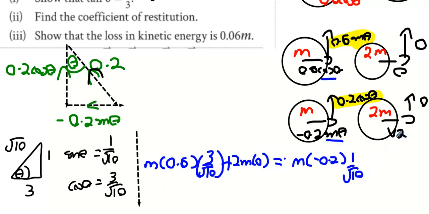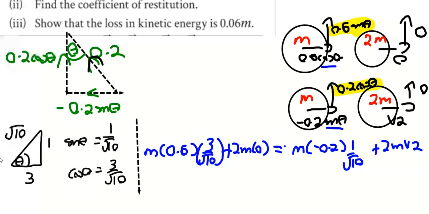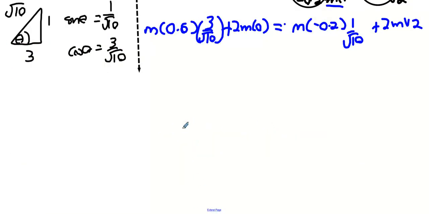And then phi 2 is almost what I'm after, 2M phi 2. Now, I think I have enough information to get phi 2 right here, right now. So, the M's are going to cancel.